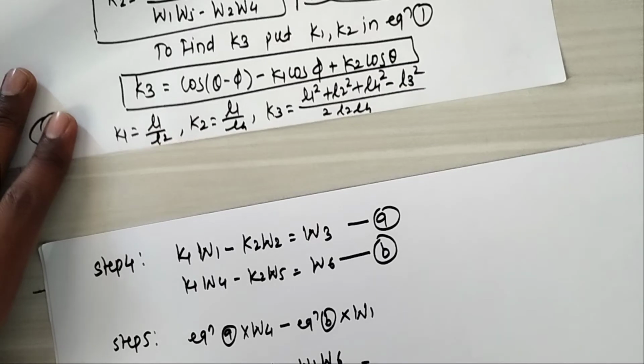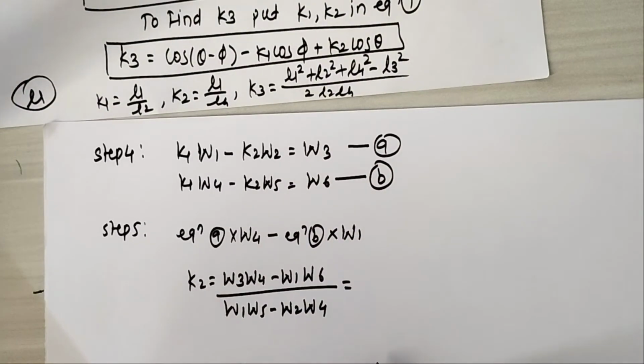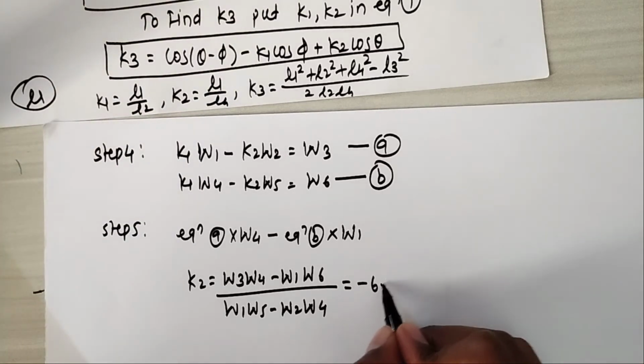So solve this to get the value of K2. K2 is minus 6.207.